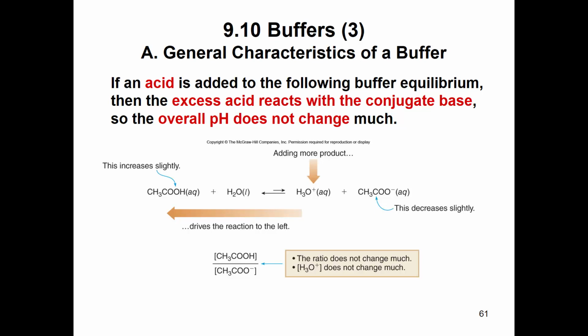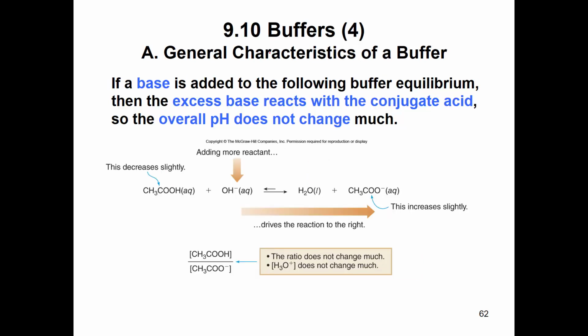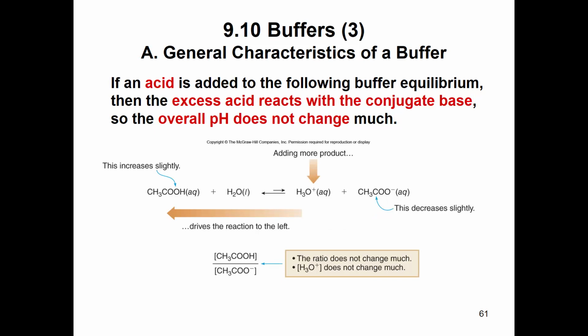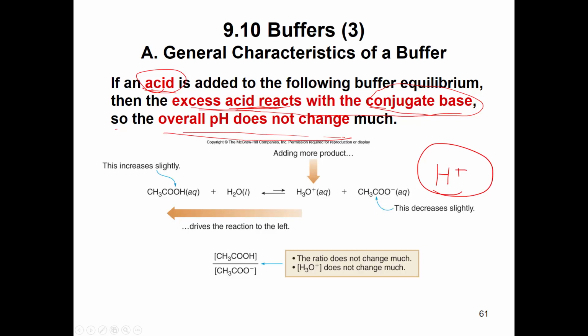So what does it take to make a good buffer? When you add an acid, if it's just in water, you're going to have excess acid and excess hydrogen ions. In a buffer, that excess acid reacts with your conjugate base so that the overall pH doesn't change. Remember, what makes pH is free protons, free hydrogen ions.